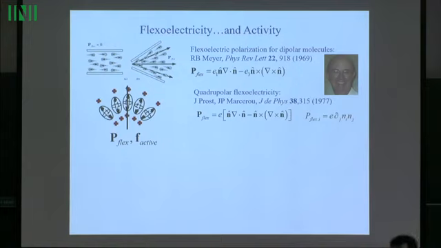And thus you have an electric polarization that arises without any need for the molecules to carry a dipole moment. And so Marcerou and Prost wrote this expression. This expression is identical to the expression written here for the components.